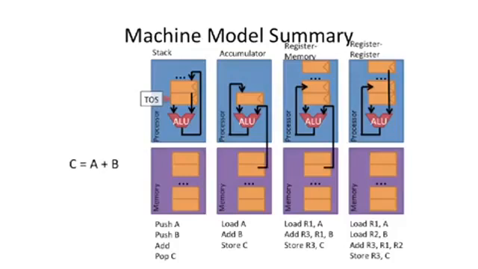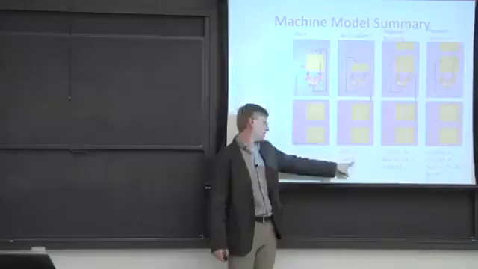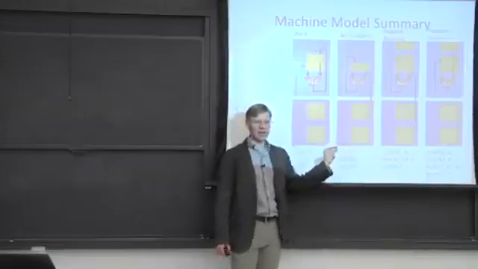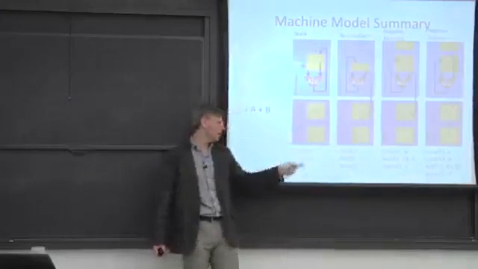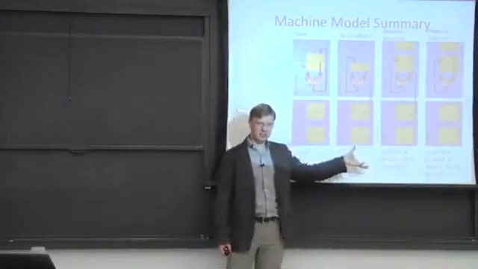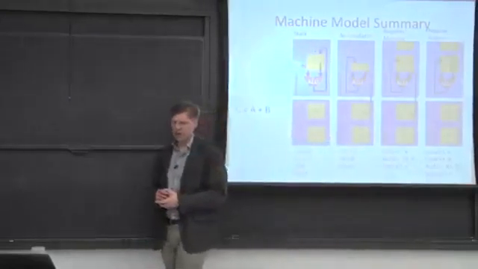So here we're going to have push A, push B, add, pop C. As we add more naming, we can potentially have fewer instructions. So we load A, add B. Note here, we don't have to name what we're adding with because we're adding with the accumulator. And then store C. Starting to get a little bit more compact.